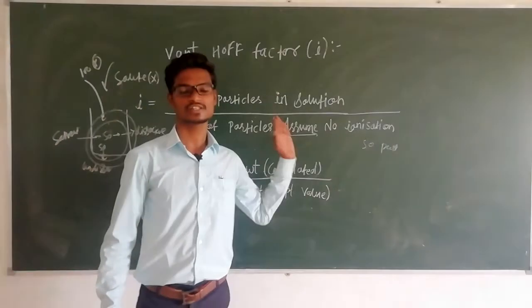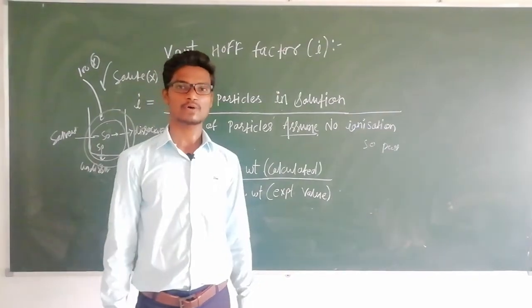That is, the calculated value divided by the experimental value. This is generally the Van 't Hoff factor.